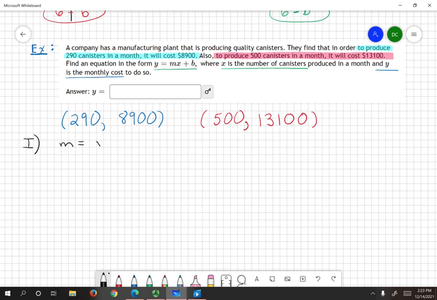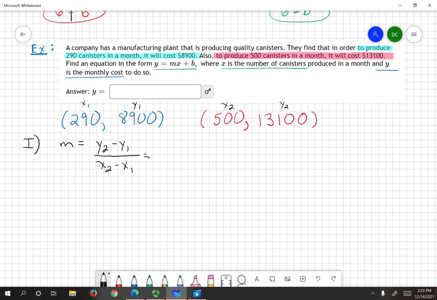M equals y2 minus y1 over x2 minus x1. Let's call this guy x1 and y1. Whoops, except I wrote the wrong thing. x1, y1, let's call this guy x2, y2.